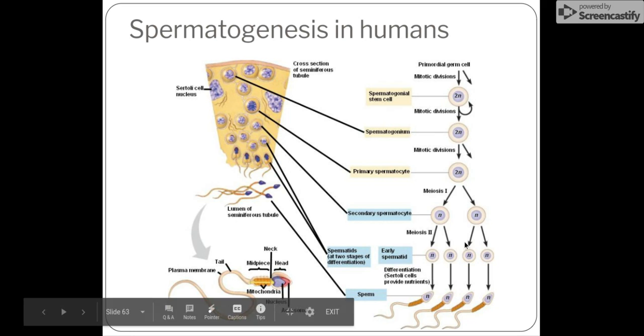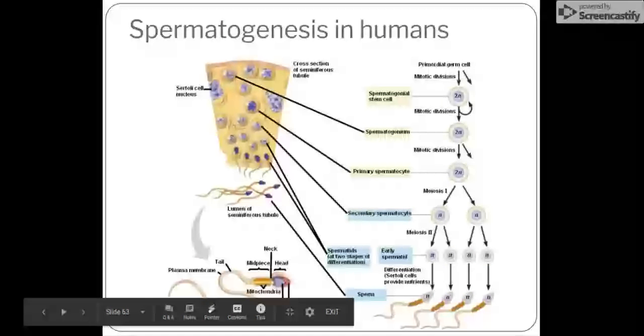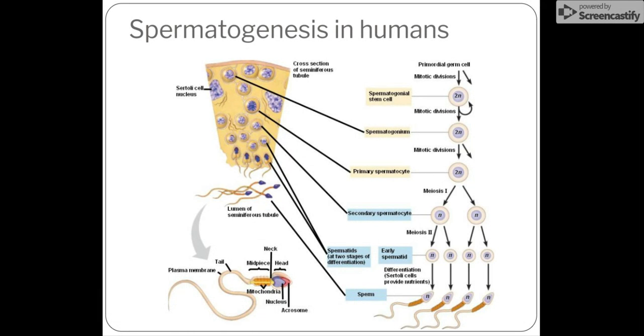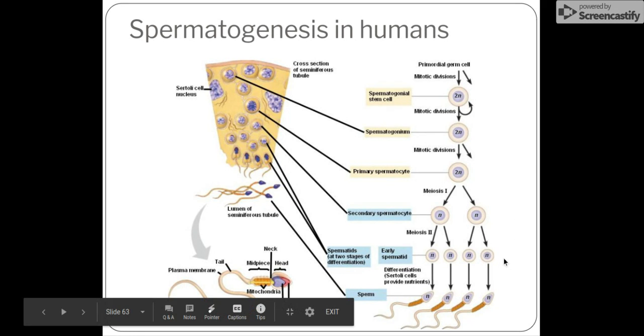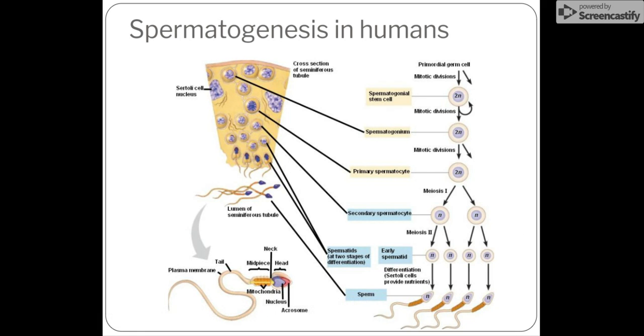And then we go through meiosis 2 and we end up with 4 genetically unique cells here, all the same size in spermatogenesis. And then some differentiation happens here to give these cells their flagella. Okay, and then the acrosome at the end. But you don't need to worry about that. Basically, spermatogenesis follows the normal meiosis, and we end up with 4 viable sex cells, 4 sperm that can go on and potentially fertilize.